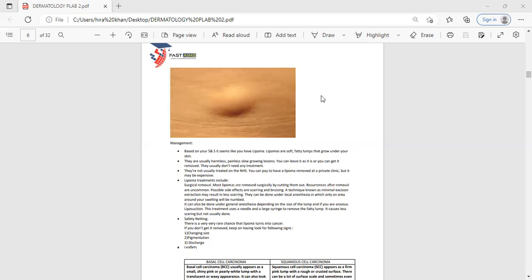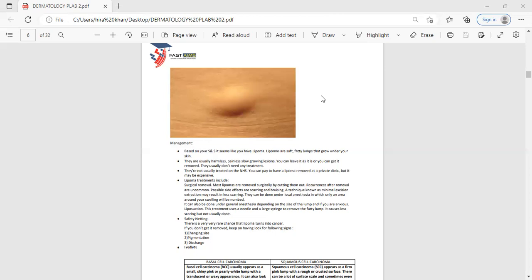Are you following me? And then if she asks a few questions, you are going to deal with those particular questions according to the scenario, and then afterwards you have to safety net the patient. You have to mention that, well, as I have mentioned, it is harmless, but still, there is a very, very rare chance that a lipoma turns into cancer, but the chance is very low.